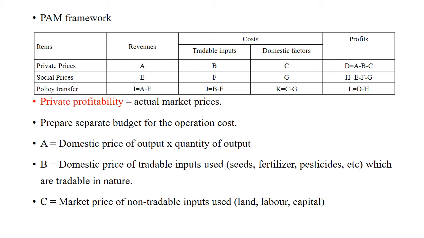The profit can be obtained by a simple formula, revenue minus expenditures. The private profit D is obtained by subtracting the tradable inputs and the domestic factors, which are the non-tradable inputs, from the revenue.